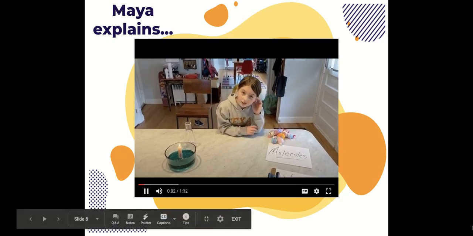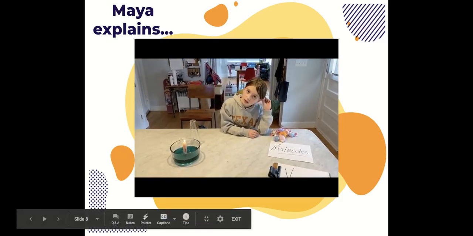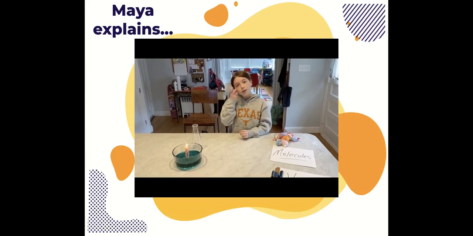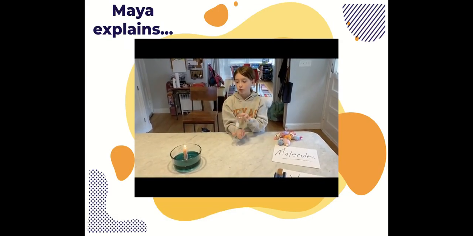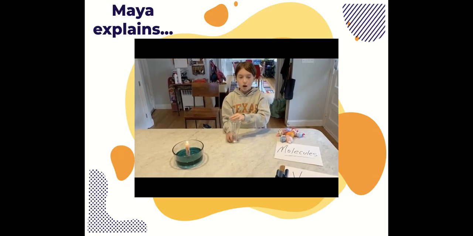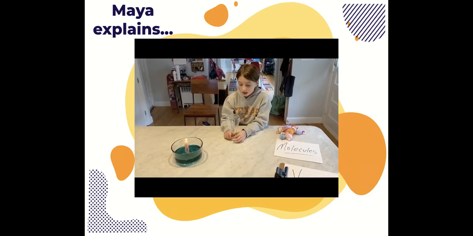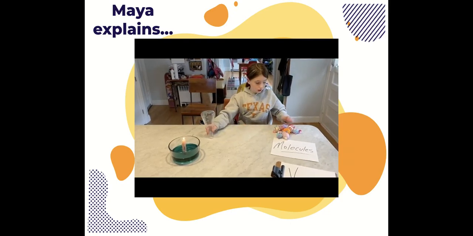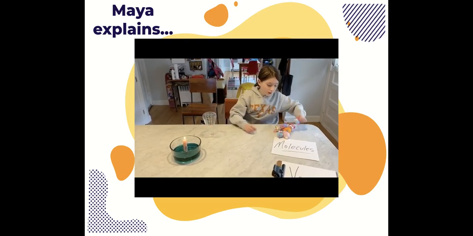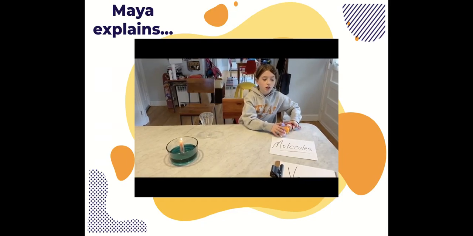Hi everyone, I'm going to tell you a little bit about the anti-gravity water. So when the flask goes over the flame, it traps hot air, and I'm going to be using these Pick Me Pops as molecules.